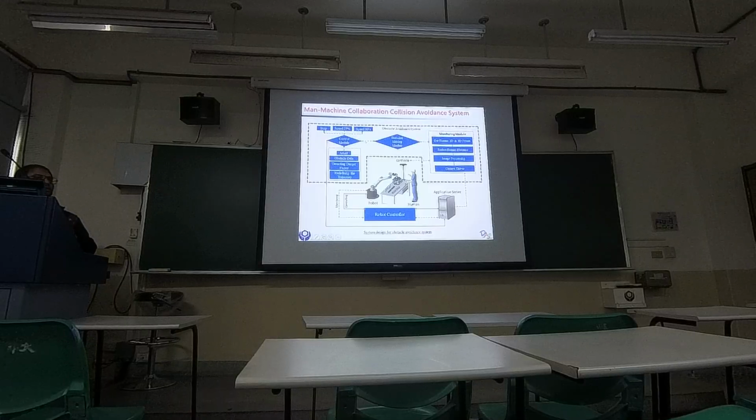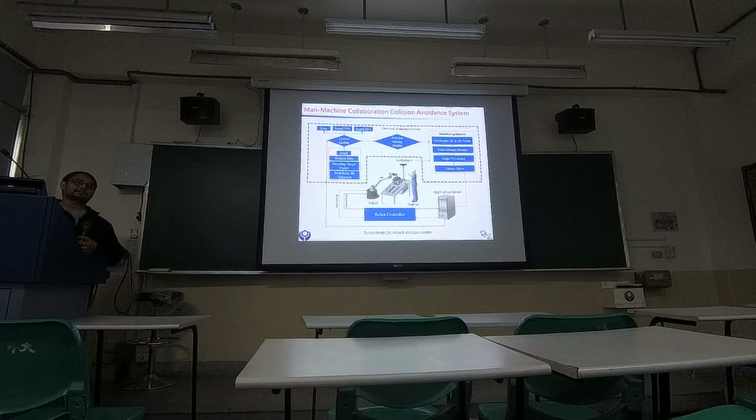Initially, when we started this work in 2019, we just tried it for when a human comes close to the robotic arm which is already doing some specific task. If the human comes very near, the robot slows down: from full speed to 50%, then to 25%, or stops.